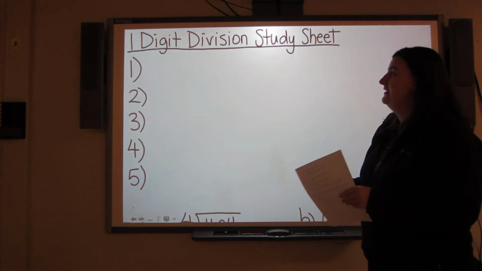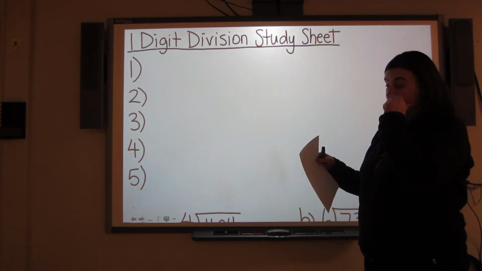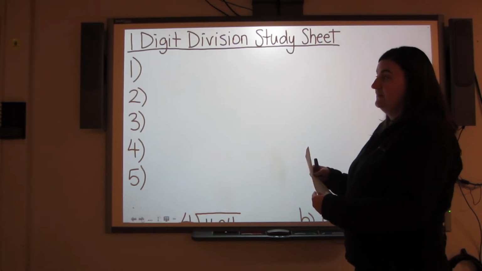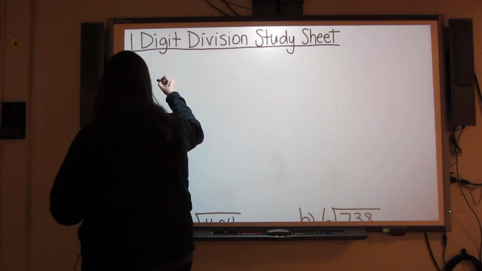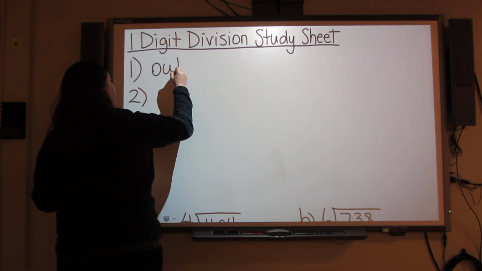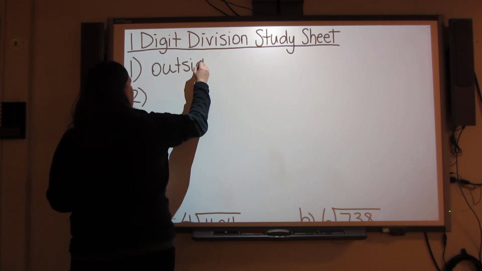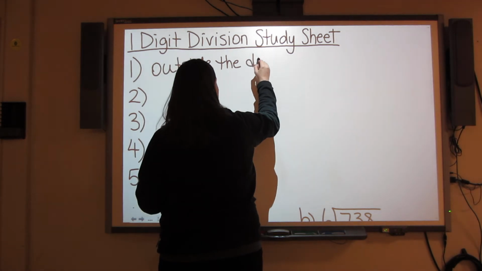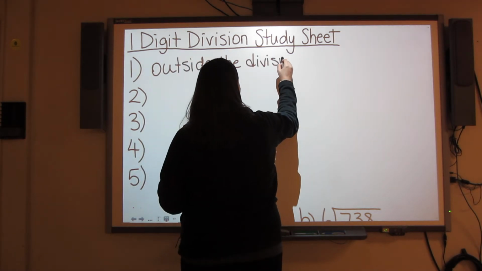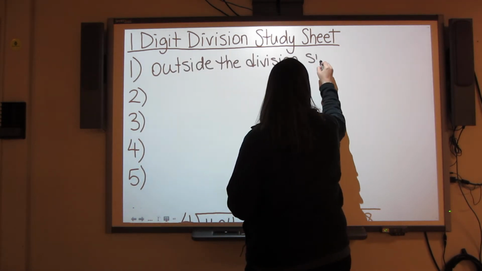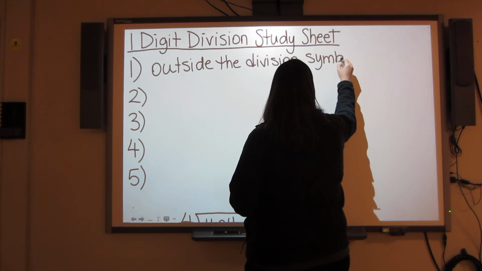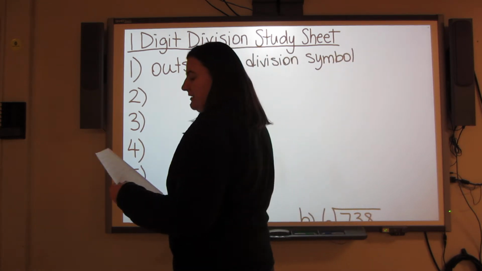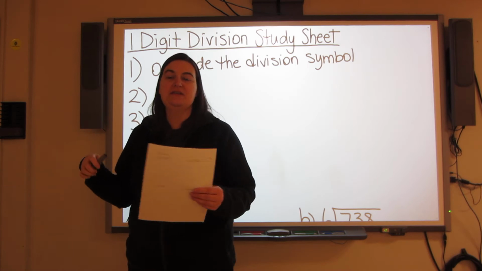So let's talk about one-digit division. Where do you put the divisor? You put it outside the division symbol. Number 2, where do you put the dividend?